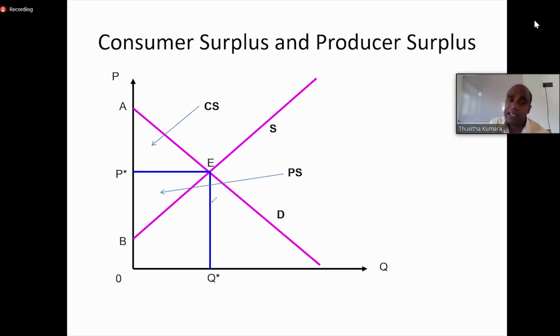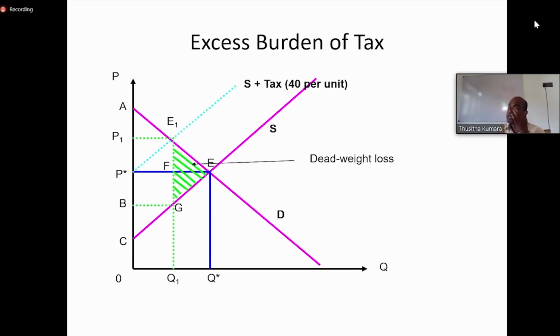We discussed that we have consumer surplus as well as producer surplus. Using these concepts, we can discuss the impact of a tax, which is called the excess burden of a tax. As the word itself says, it is negative, because whenever we say burden, it's a problem for us.